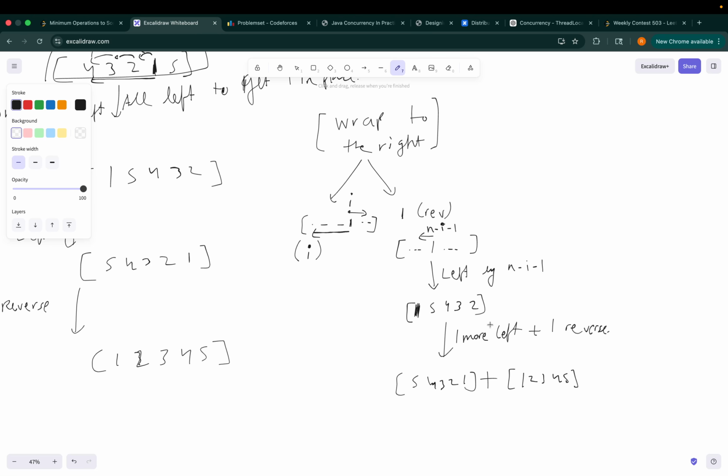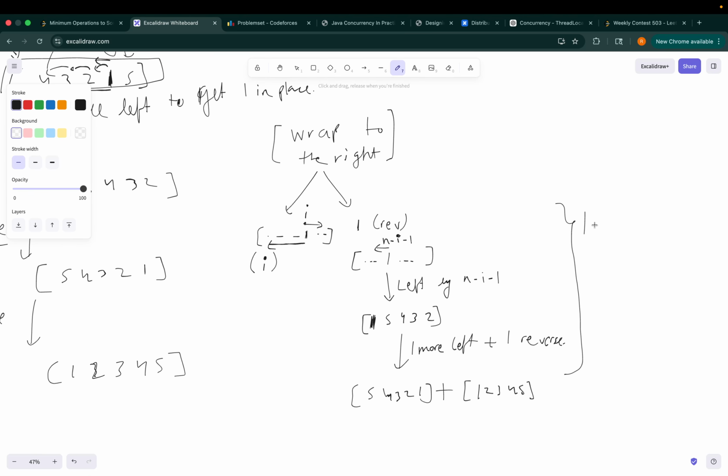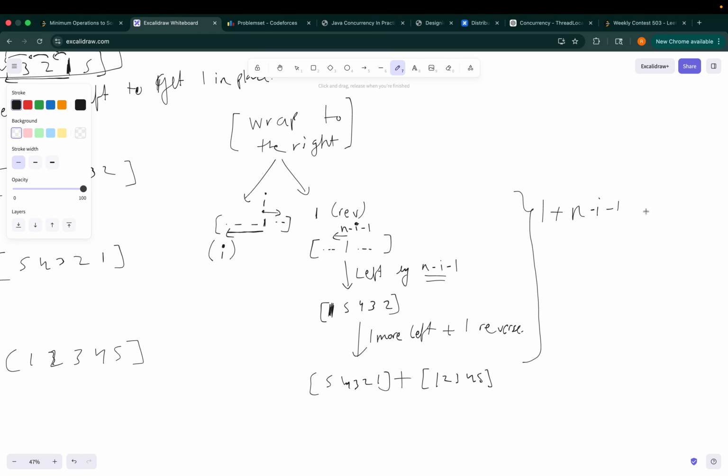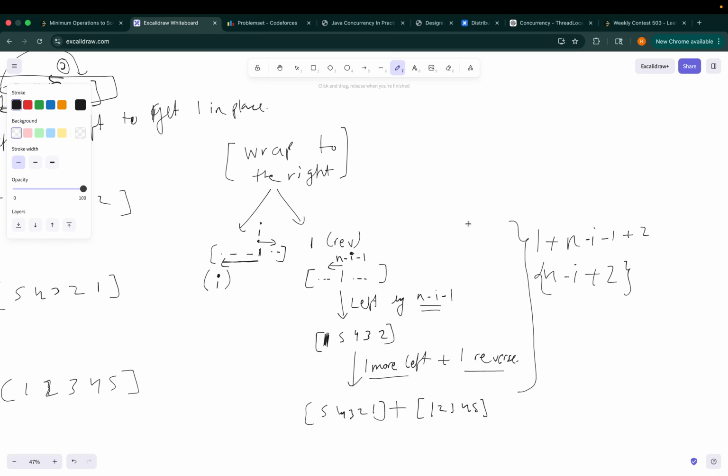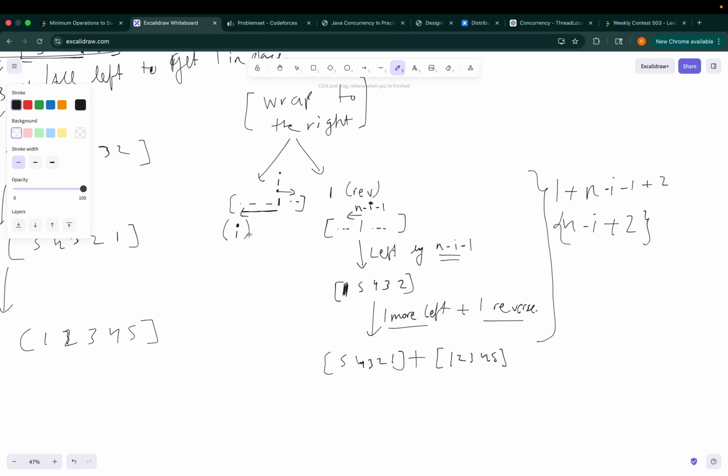Now if you count this path, how many operations are you doing? You're doing 1 plus n minus I minus 1 plus 2, because of one more left plus one more reverse. So this number is n minus I plus 2. The answer will be the minimum of these two, because you can do I, or you can do n minus I plus 2.